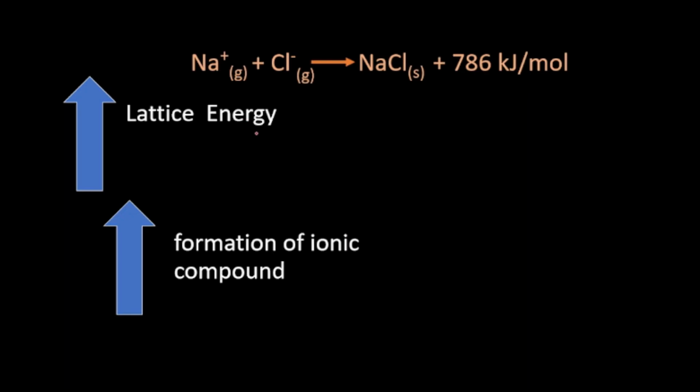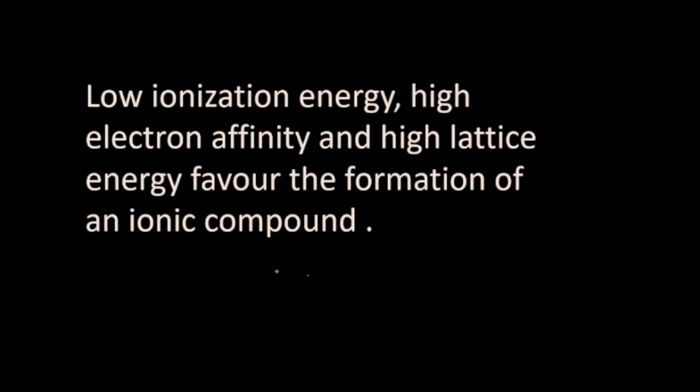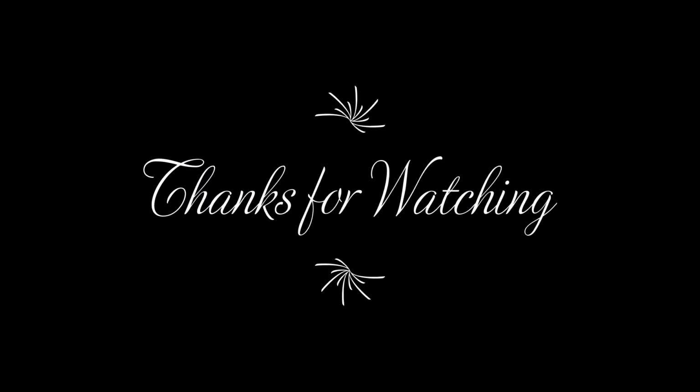So the high amount of lattice energy indicates the formation of ionic compound. So in general, we can say that low ionization energy, high electron affinity, and high lattice energy favor the formation of ionic compound.